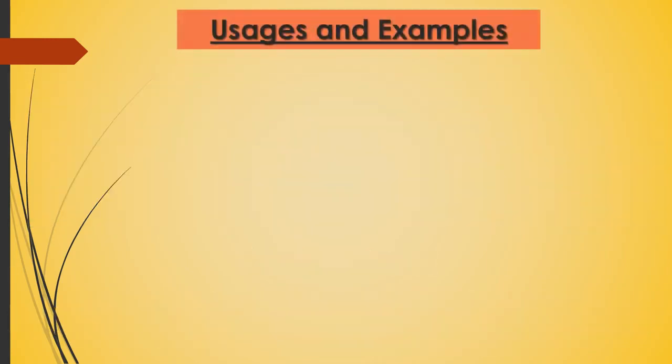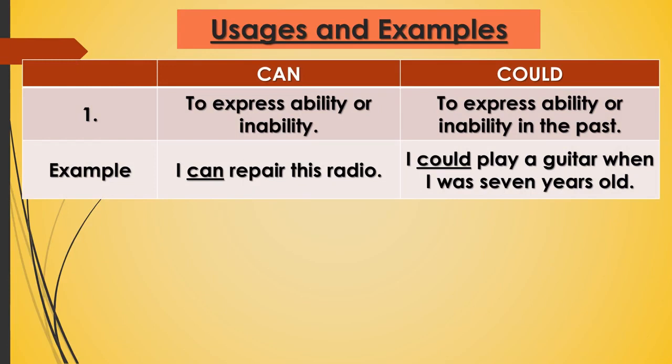Let's see the different uses of can and could with examples. Can expresses present form. Could is the past form of can. Can is used in an informal way, while could is used to show more politeness. So let's see the number 1 use. Can and could both are used to express ability and inability.